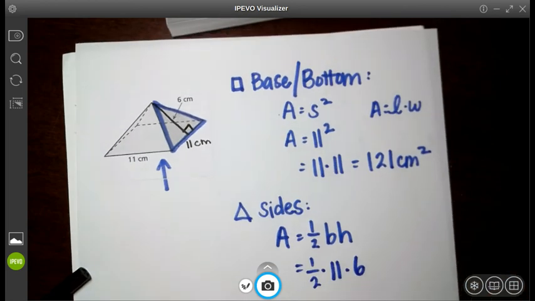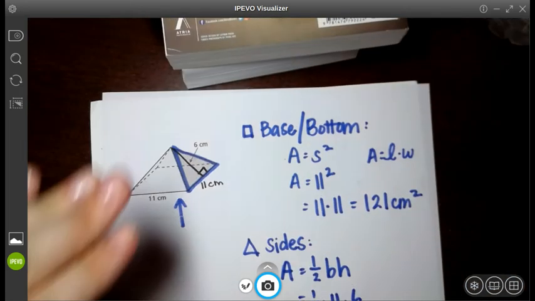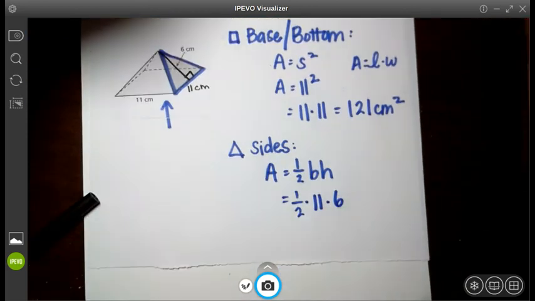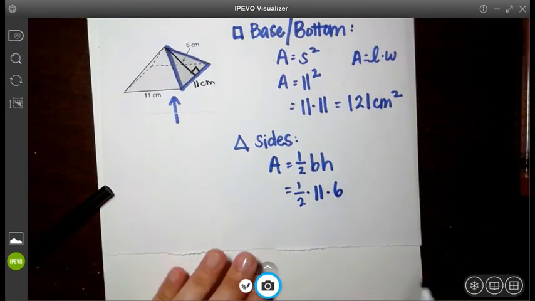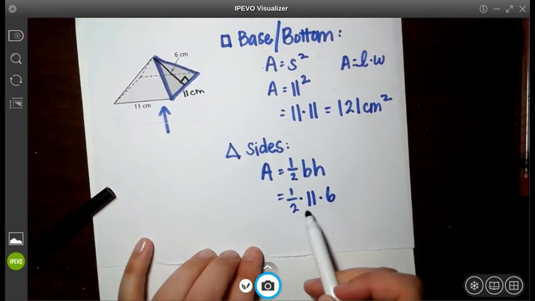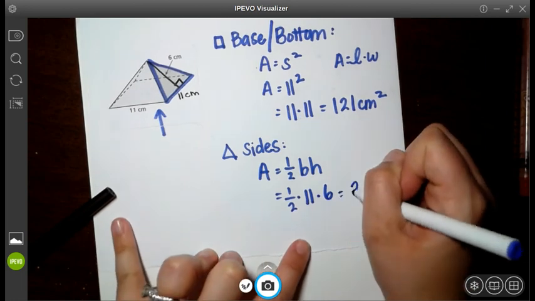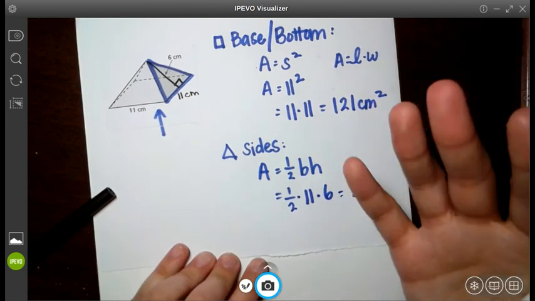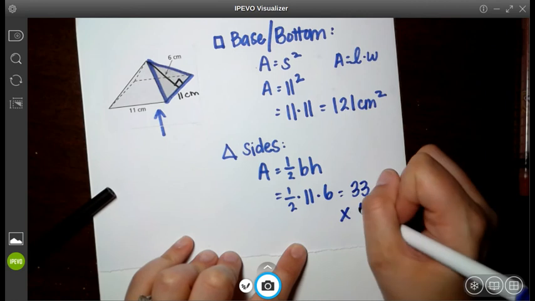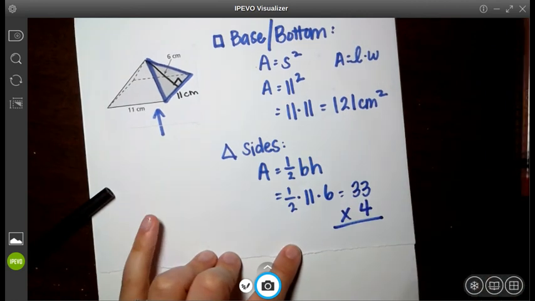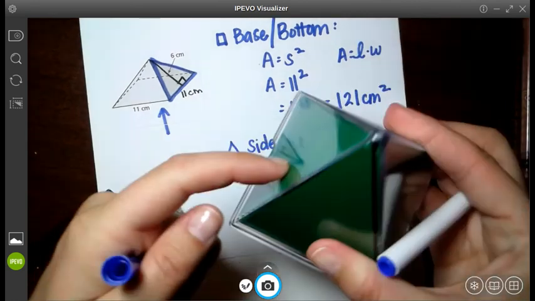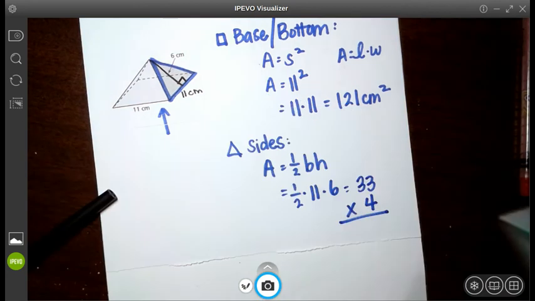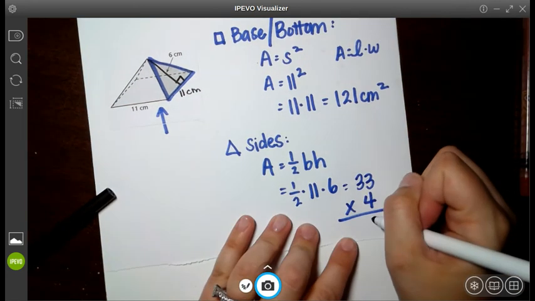Remember the commutative property, I can rearrange the factors here. So I'll take half of 6, that's 3. 3 times 11 is 33, but remember that there are 4 of them. So I need to multiply by 4. There are 4: 1, 2, 3, 4. Each of those is 33.